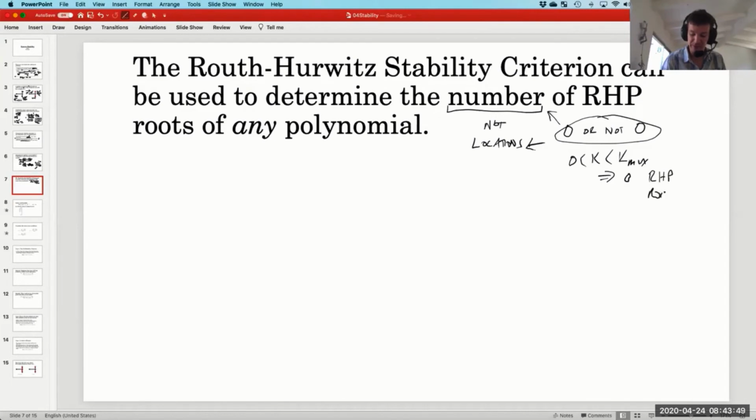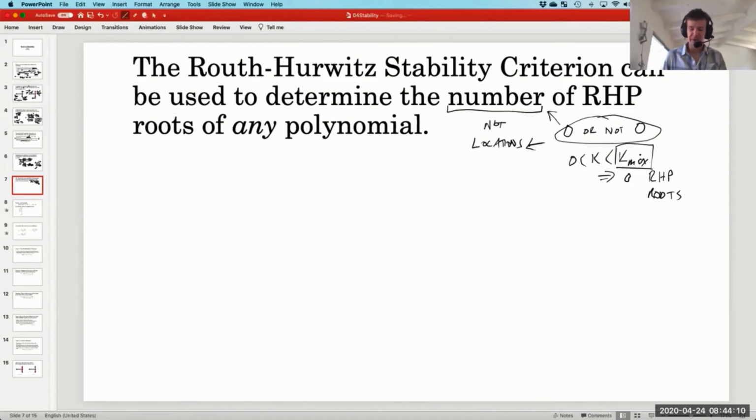So that's going to be one of the things that Routh-Hurwitz enables us to do. And this is something that you could approximate with that for loop that I was talking about on the previous slide, but the Routh-Hurwitz actually will give you a precise value for k max here. Okay.